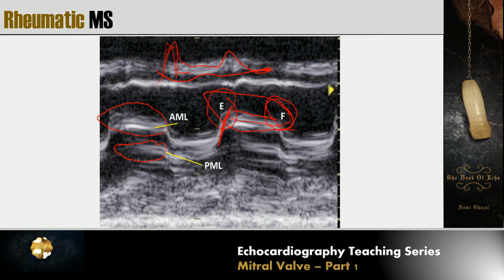Another thing we can also note is that this posterior mitral leaflet during diastole, here you will see it moving anteriorly. So it moves upward. So it follows the anterior mitral leaflet. And the reason is because there is commissural fusion, it is tethered to the anterior mitral leaflet. So this is why it moves upward with the anterior mitral leaflet.